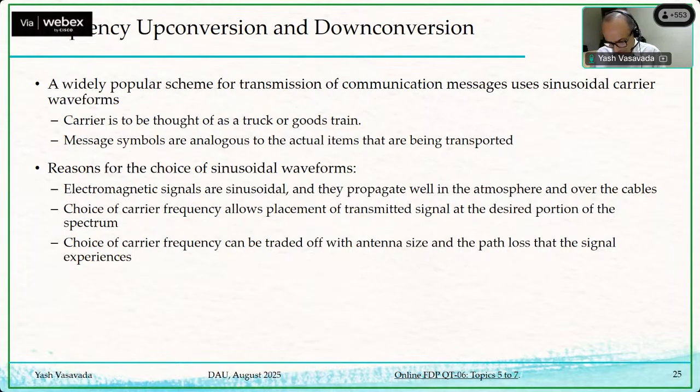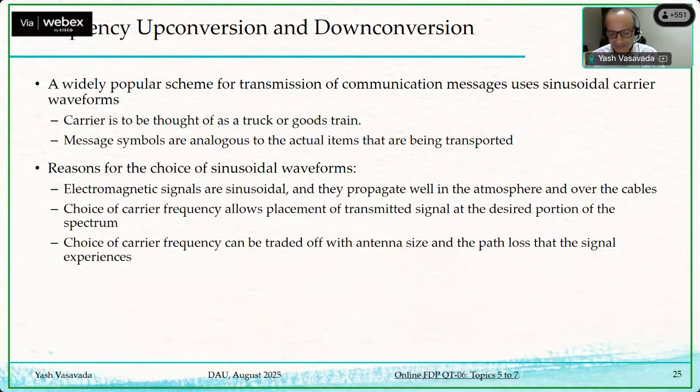Well, then maybe instead of using a frequency of 100 megahertz, maybe use a frequency of 2,000 megahertz, 2 gigahertz, 2.5 gigahertz. As you increase the frequency, the antenna size becomes smaller.